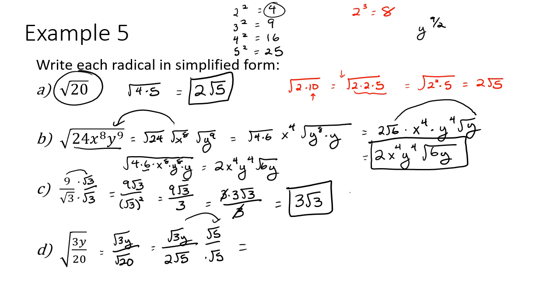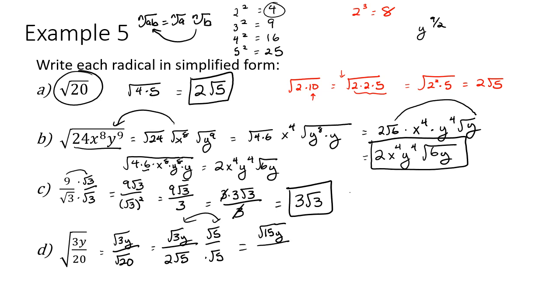Again, I'm going to use that same trick we've used a couple times now, where if we want to multiply 2 square roots together, we're just going to use the reverse of the product rule. We're just going to multiply the stuff inside of the roots. So 5 times 3y would be 15y.